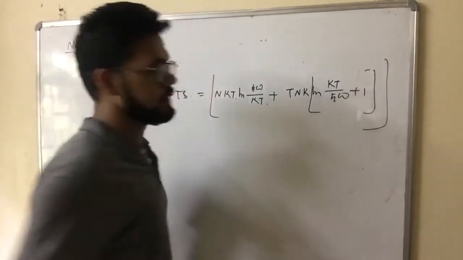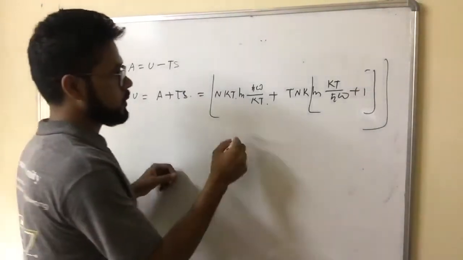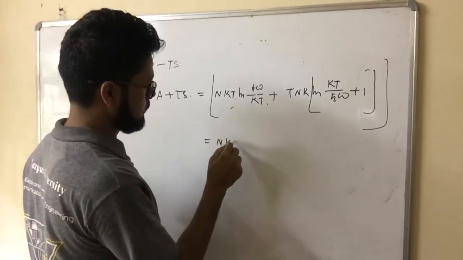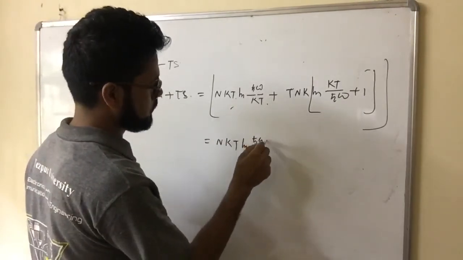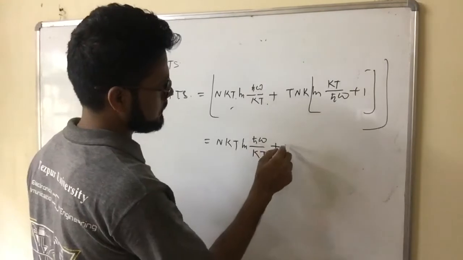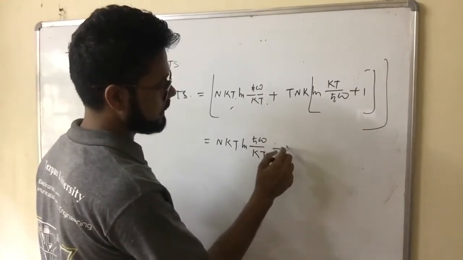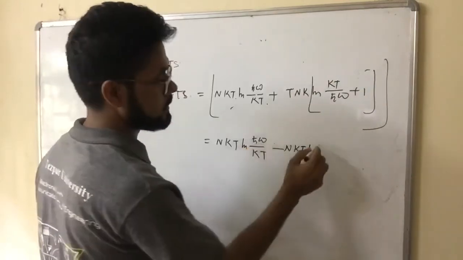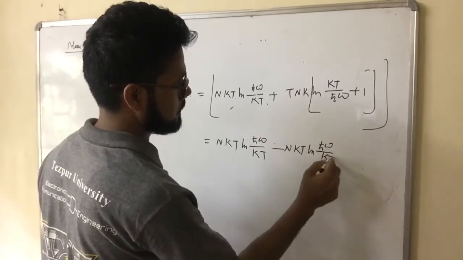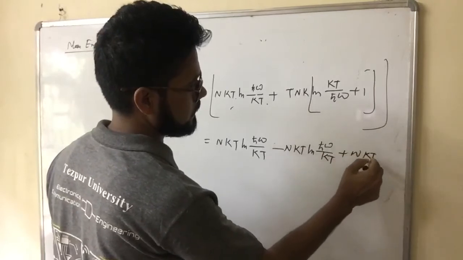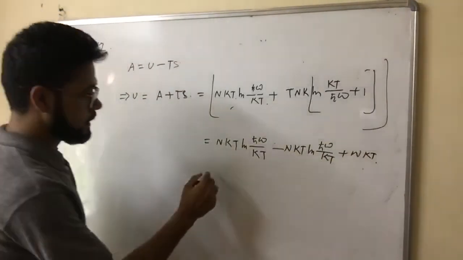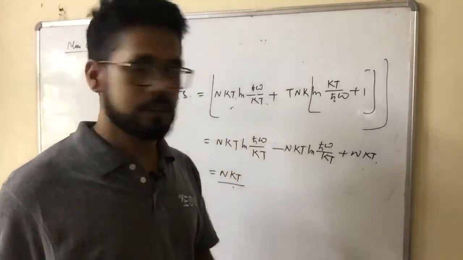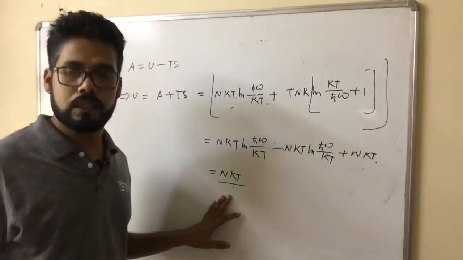I am getting this one. Is it okay? So this will cancel, because NKT ln h cos omega by KT, plus this will be minus. Why is it minus? NKT ln, I take it reverse, h cos omega by KT, plus NKT. Finally we are getting NKT. Correct. This is the mean energy of a harmonic oscillator.